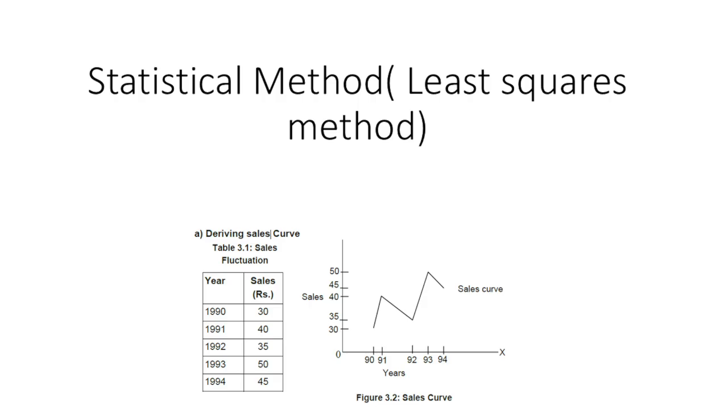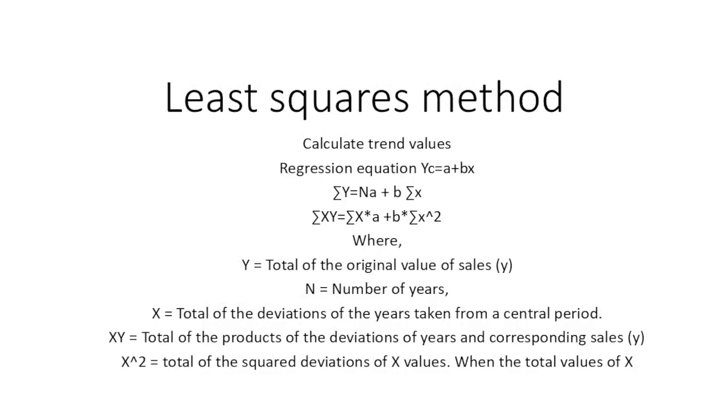It is represented by the equation y = a + bx, where a is the constant and b is the trend value. We have the regression equation y = a + bx, where a and b are constants, y is the sales that happened in a particular year, and x is the variable, the year number.